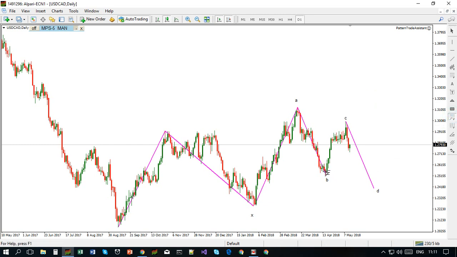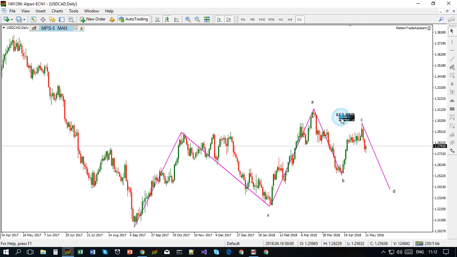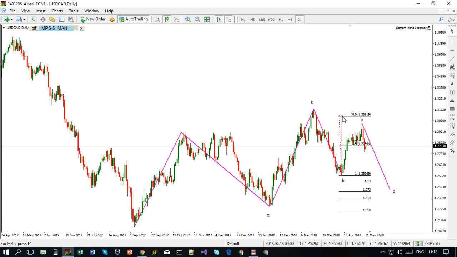Okay, we will need extensions. So we take an extension tool, click it here. Then we stretch this to B point.